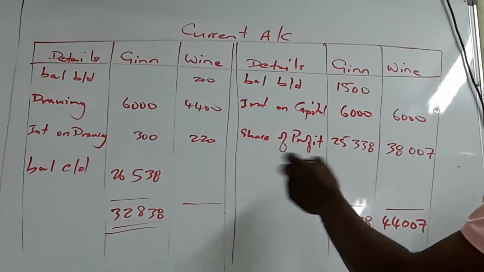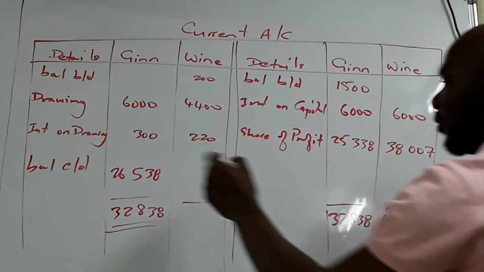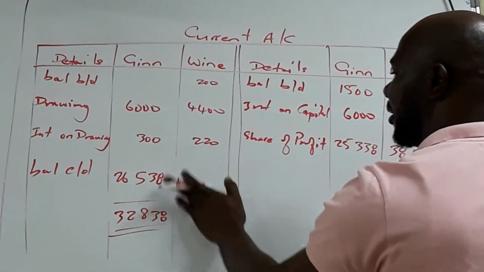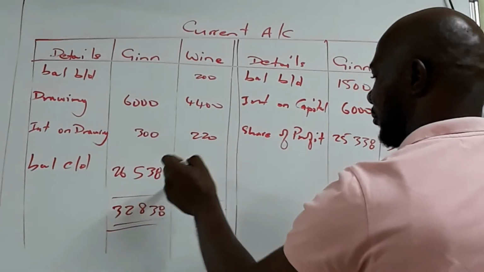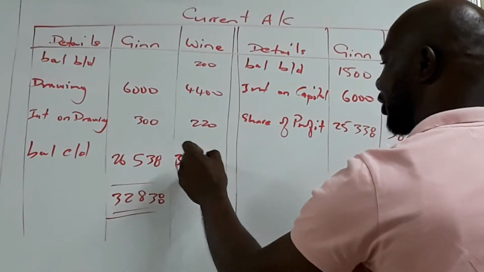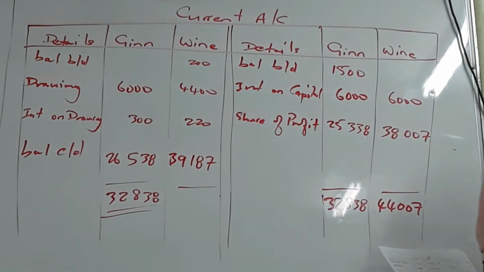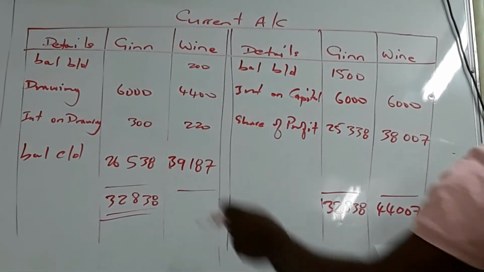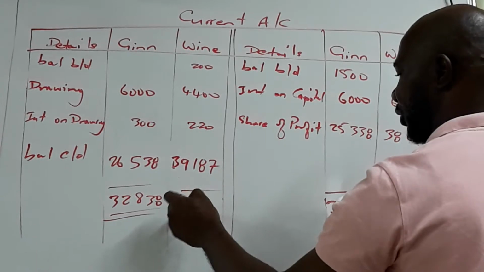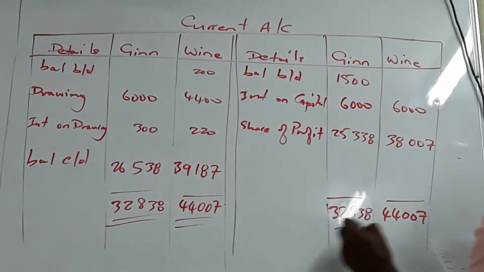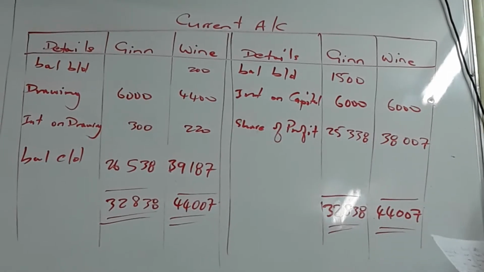When you find the difference, you get 39,187. When you add it back, you get the total of 44,007. Now you double line to show that you have balanced off.